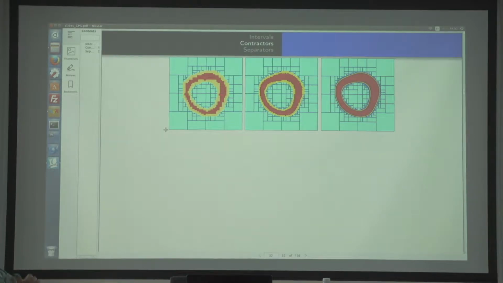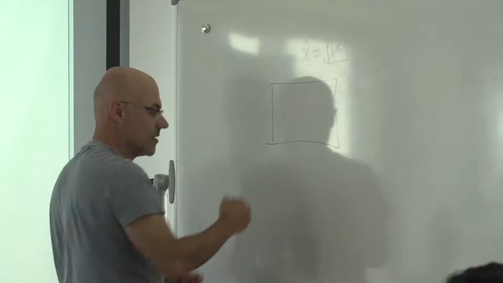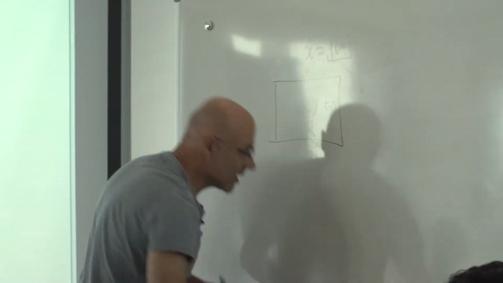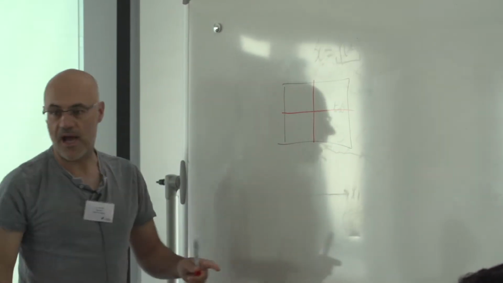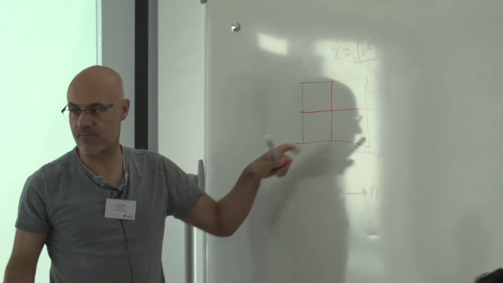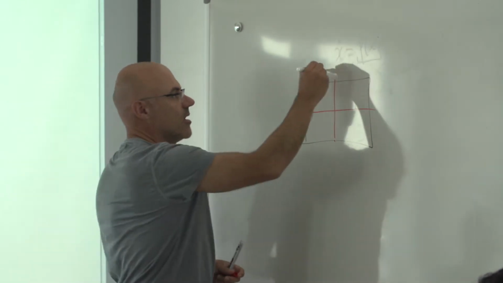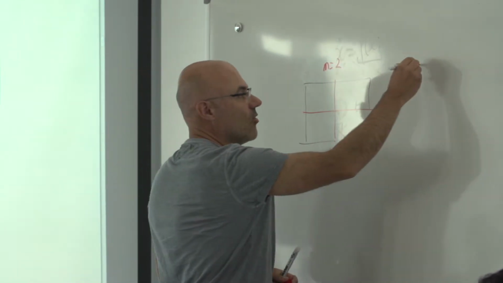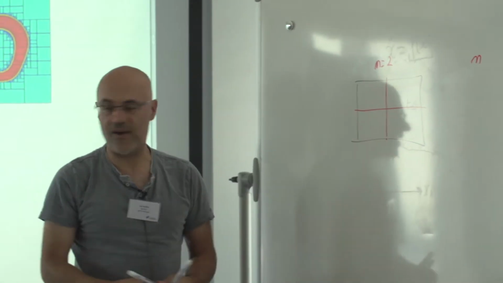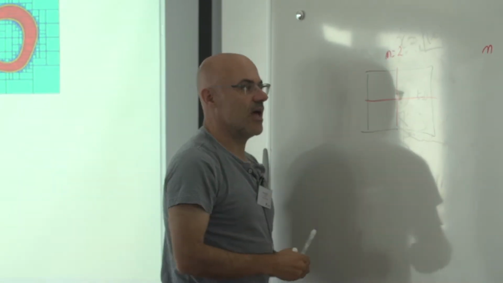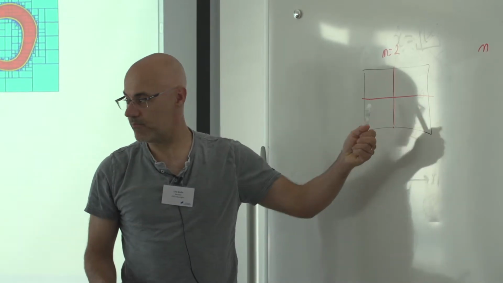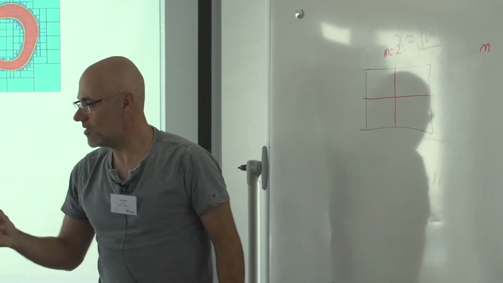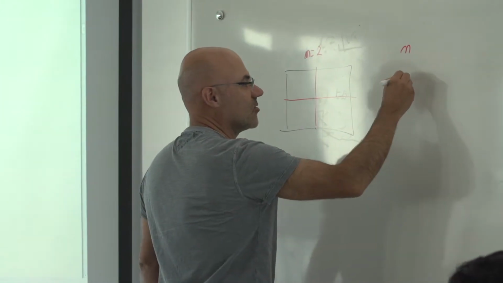So in fact, just as an exercise, if I take a box, and if I bisect in all directions, so n equal to 1 and 2, I generate 4 boxes. Now for a general n, if I bisect in all directions, how many boxes will I generate? 2 to the n. 2 power n.